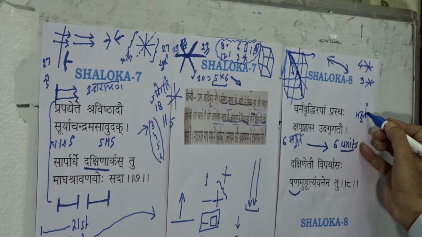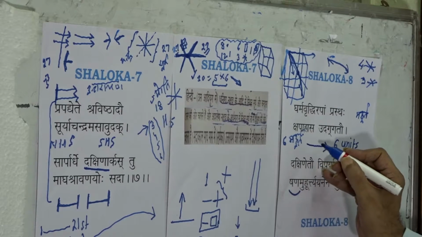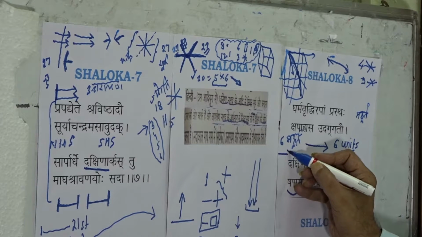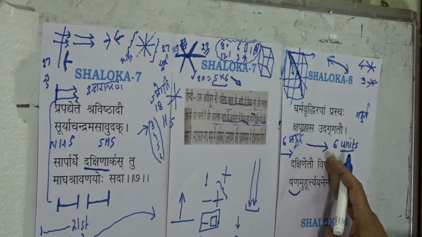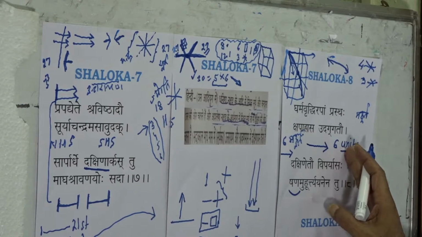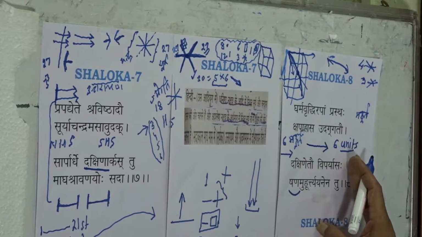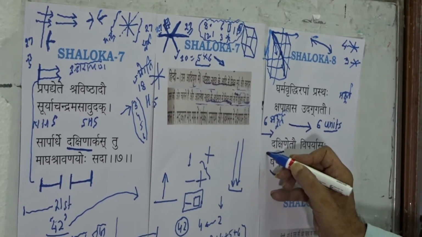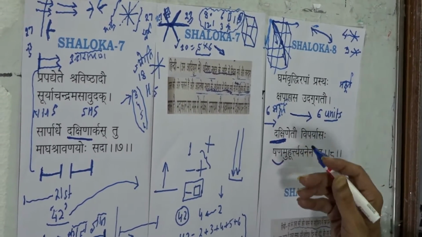Therefore, there would be a progression of 6 units, and this progression, as indicated, is going to be in the northern hemisphere in the Uttarayan, and thereafter there is going to be a reversal. After the flow of 6 units, there is going to be a reversal, and this reversal will take us to the southern hemisphere. So it is this feature which deserves to be comprehended well.